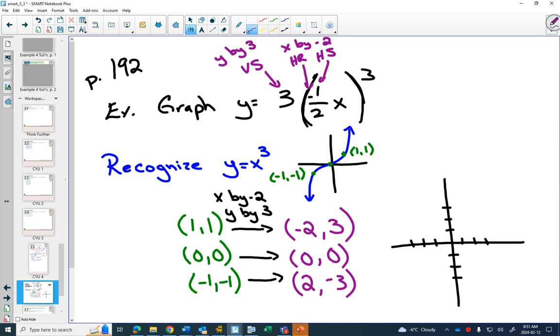If I go and label those, (-2, 3) would be there, (0, 0), and (2, -3). And I need to have the same shape as my original graph going through those points.